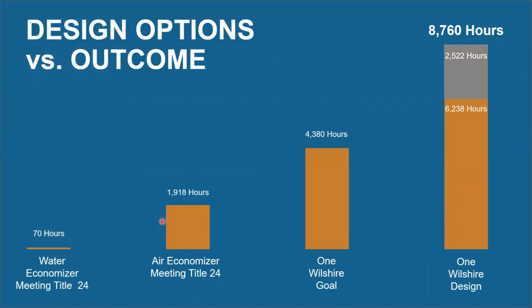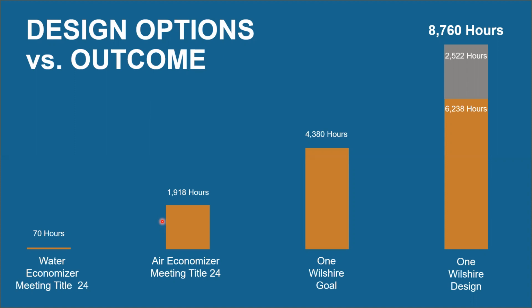So I want to talk a little bit about outcomes. Most states now require, and all will soon require, that some kind of economizer be used on every data room. California is famous for having an aggressive energy code called Title 24, but even Title 24 only requires 70 hours per year on waterside economizer.